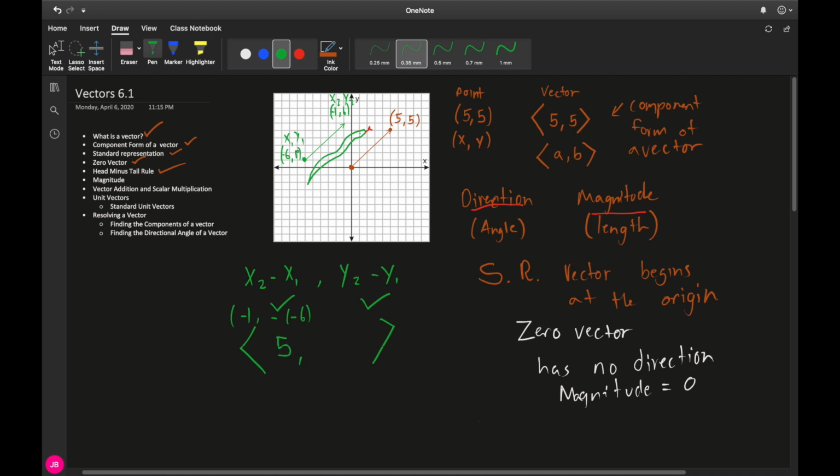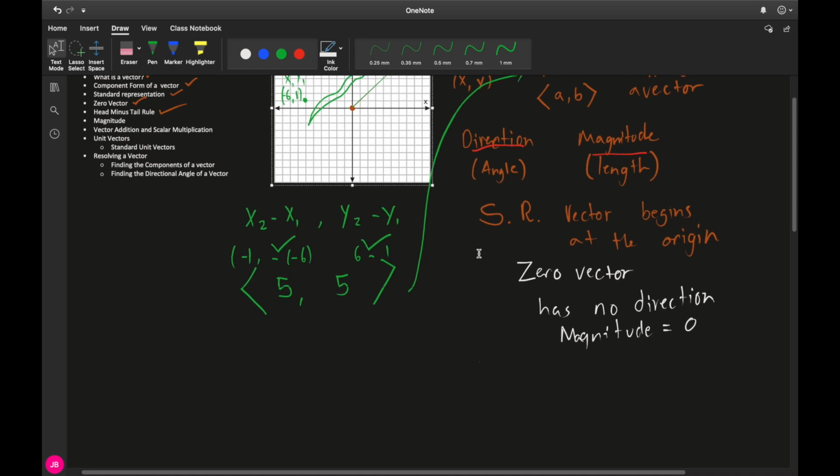And then we have y2, which is 6, minus y1, which is a +1, and we also end up getting a 5. And we see that this is actually equivalent to my original vector. And like I said, if they are equivalent, it must mean that we are able to take it, slide it, and line it up exactly. So that's really all you need to know about your head minus your tail rule.